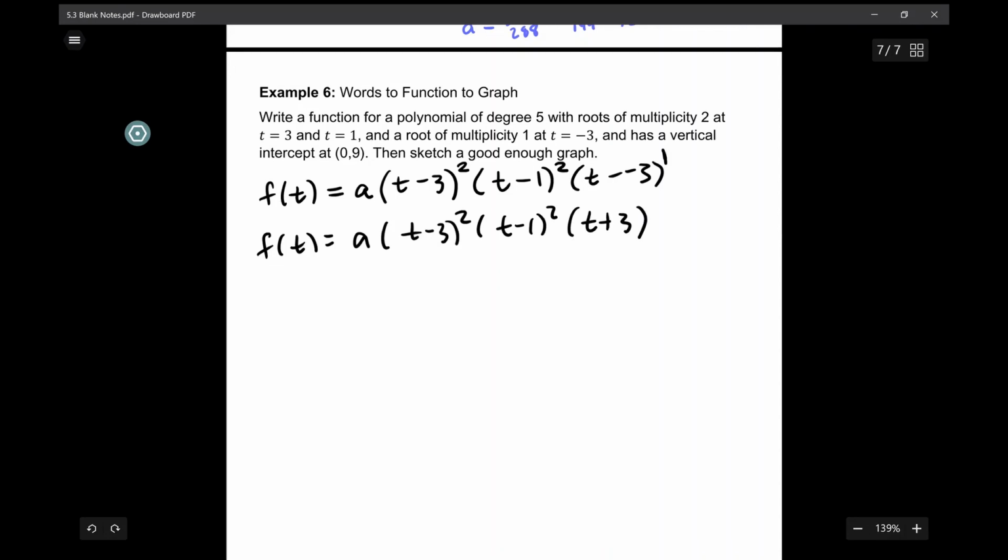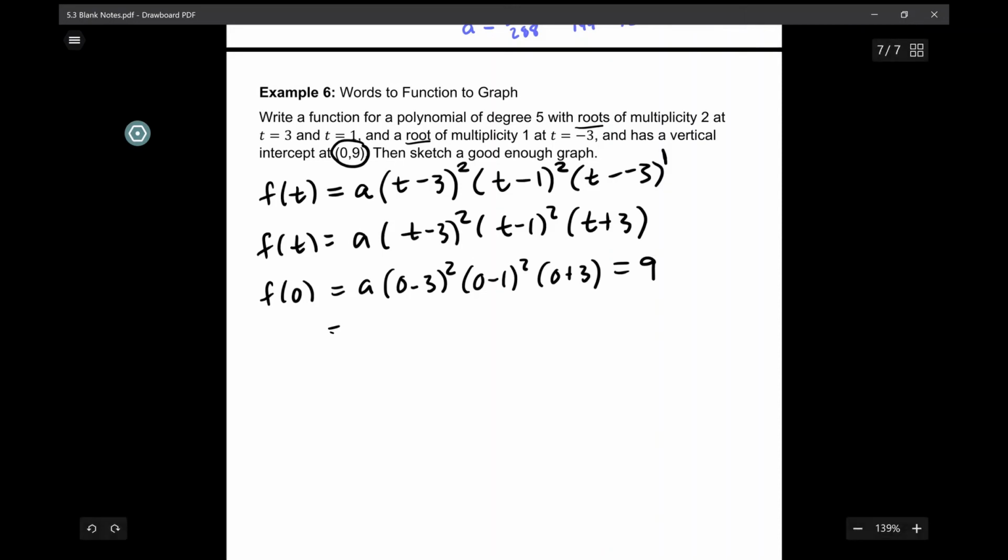All right, so we used all our information about our roots. We know it's degree 5, and that adds up because we have 2 plus 2 plus 1. And we know it has a vertical intercept at (0, 9). We haven't used this yet, so let's plug that in. f of 0 equals a times (0 minus 3) squared, (0 minus 1) squared, (0 plus 3), and we also know that it equals 9.